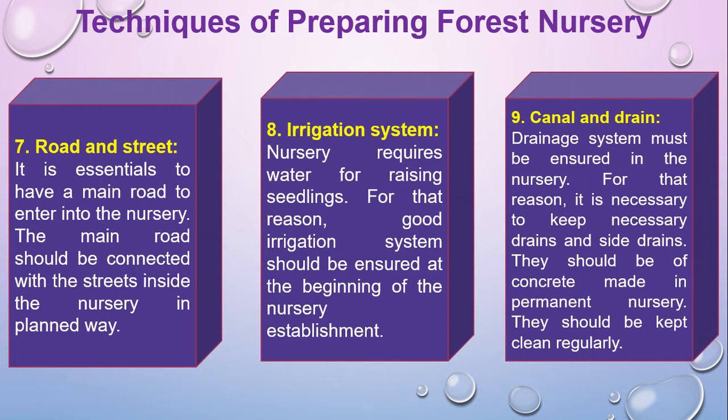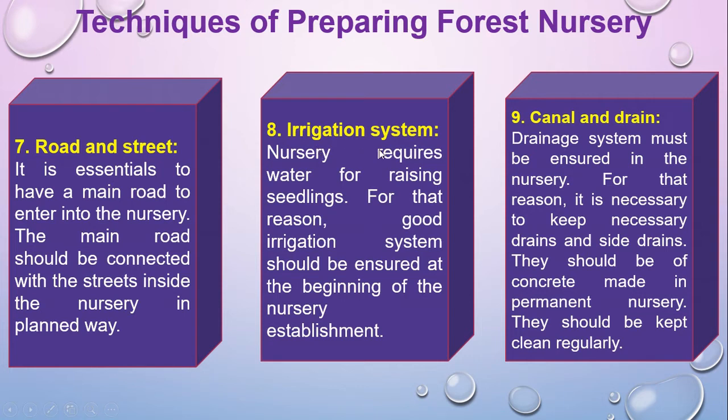You have to organize a small pathway as well, because if customers come, they can move around and have a look through the pathway. Otherwise, if you don't have any pathway, they can destroy the seedlings as well. That is why you have to connect to the main road for transport facility and for people who come, and inside the nursery you maintain a small pathway as well.